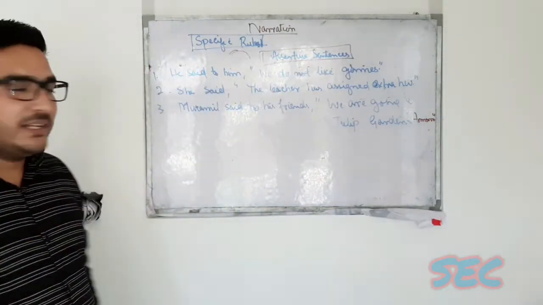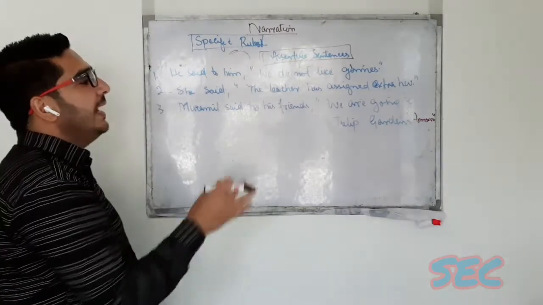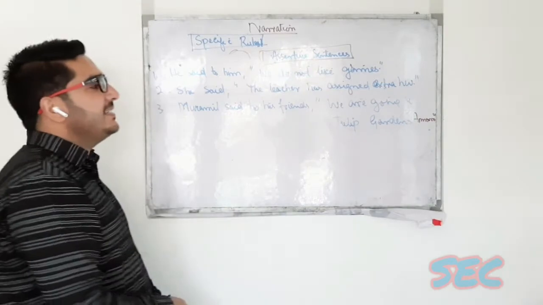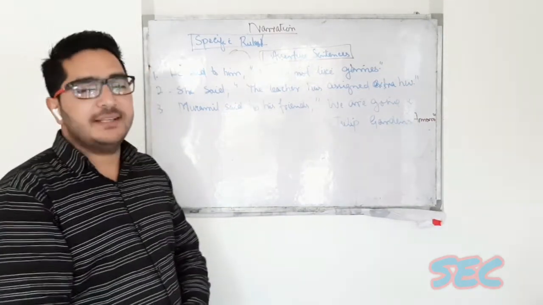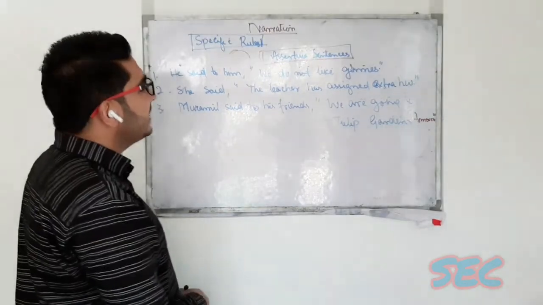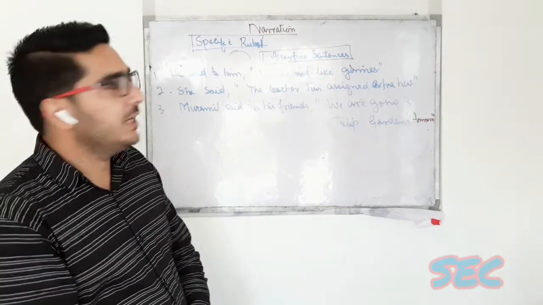See, three examples are here. First one, he said to him, we do not like games. Second, she said, the teacher has assigned extra homework. And third one, Muzammil said to his friends, we are going to tulip gardens tomorrow.